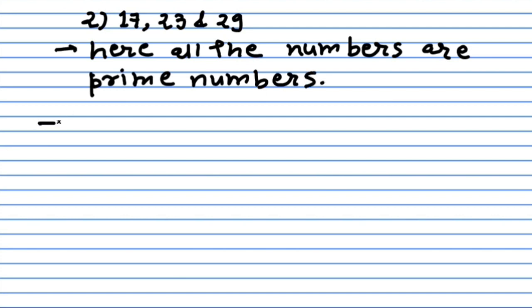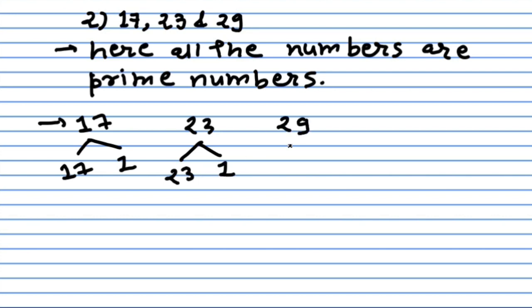The factors of 17 are 17 and 1, of 23 are 23 and 1, and of 29 are 29 and 1. There is no other factor.